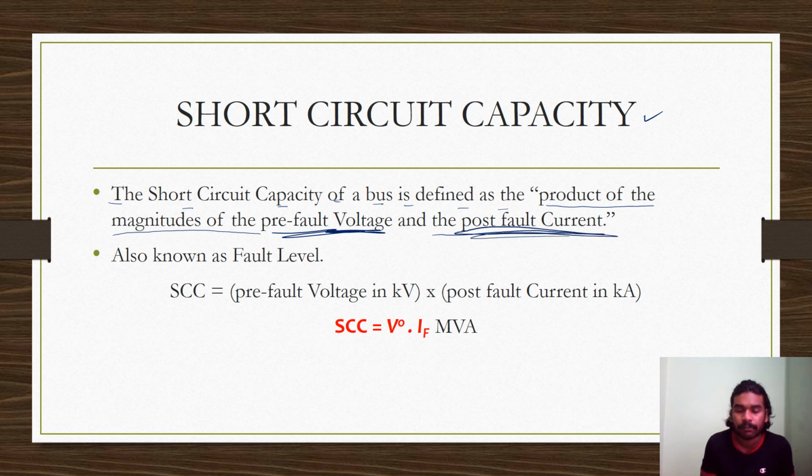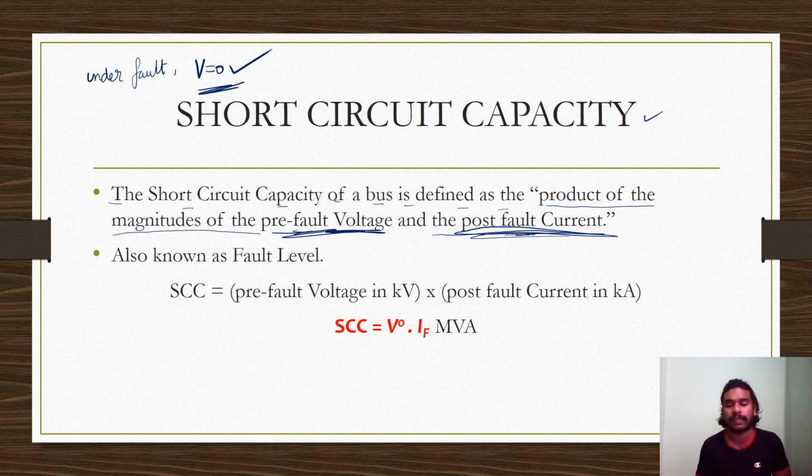Please keep in mind, pre-fault voltage and post-fault current. Why pre-fault voltage? Why not fault voltage? Because under fault conditions, voltage will become zero. With zero, you cannot find out the short circuit capacity. So we consider the voltage exactly before the occurrence of the fault. That is the pre-fault voltage.